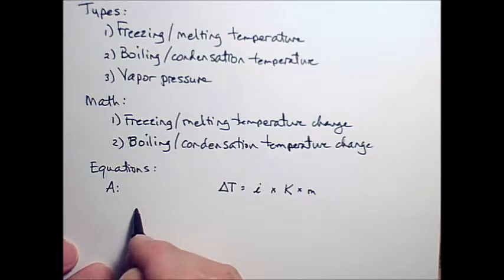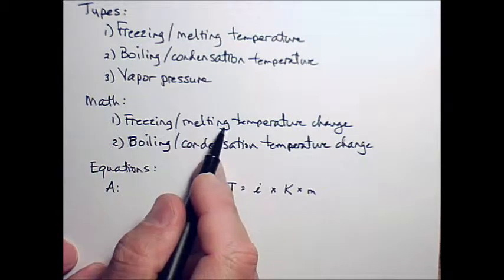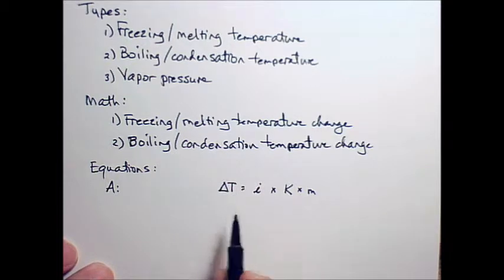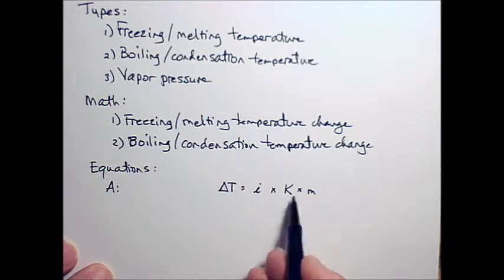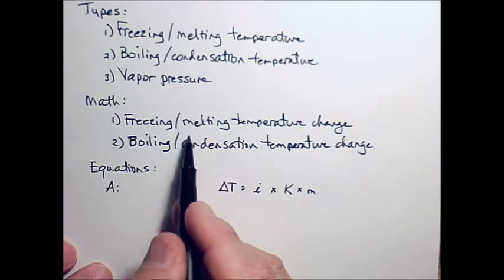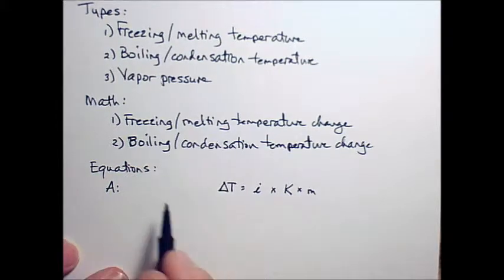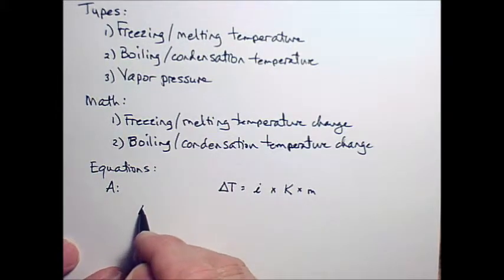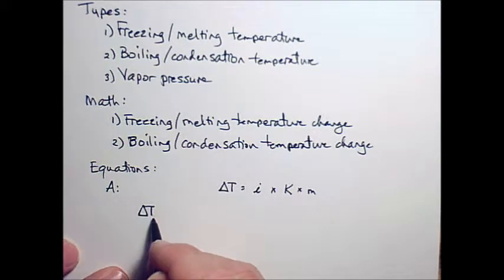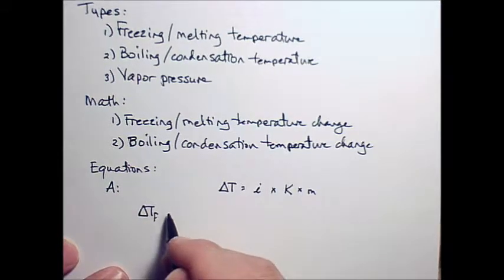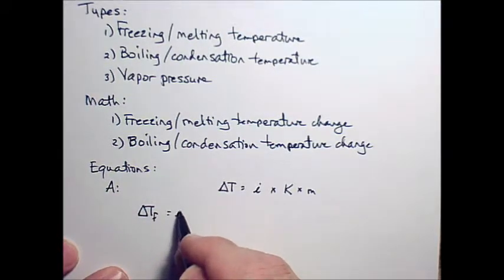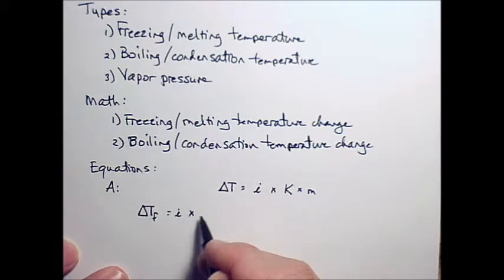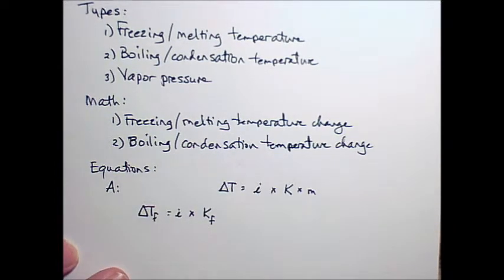Now then, since you've got freezing and melting temperature and boiling and condensation temperature, this gets modified slightly for each of those two categories. For freezing and melting temperature, the change in the temperature of freezing equals i times the constant for freezing, K sub F, times m.